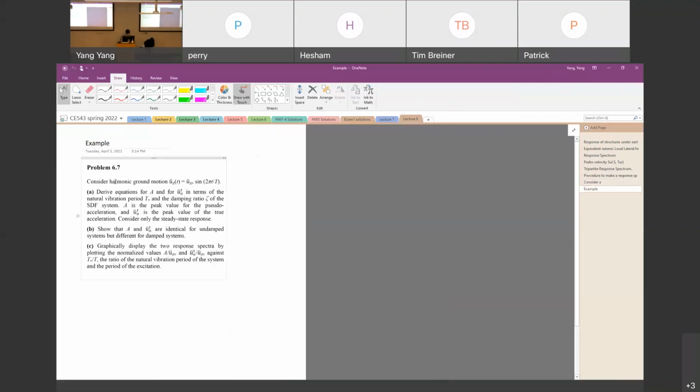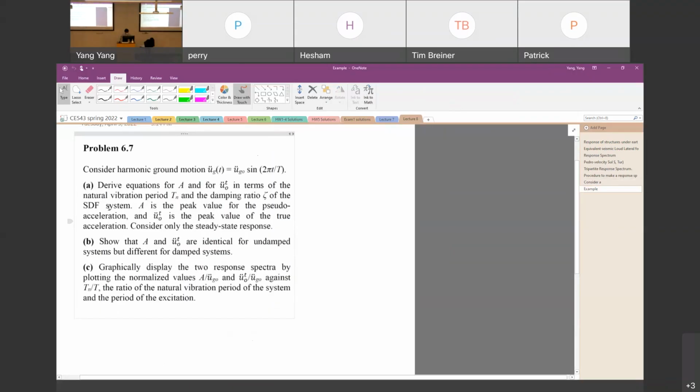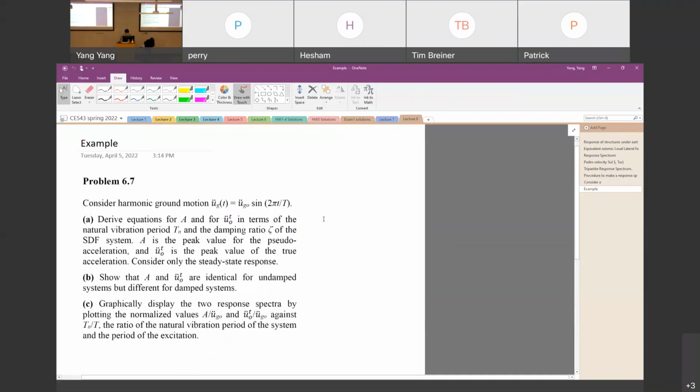Example. So now let's see how we can construct the response spectrum for a given earthquake record. This time we start from the easiest case, where we have a harmonic ground motion.